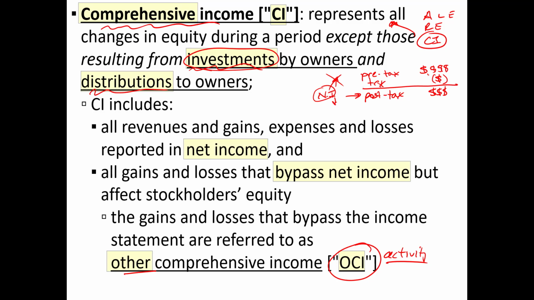So you're going to see this thing called OCI, and it's going to relate specifically to any type of unrealized holding gains or losses from a certain type of investment. The OCI could be an unrealized holding gain, or it could be an unrealized holding loss from our investment.